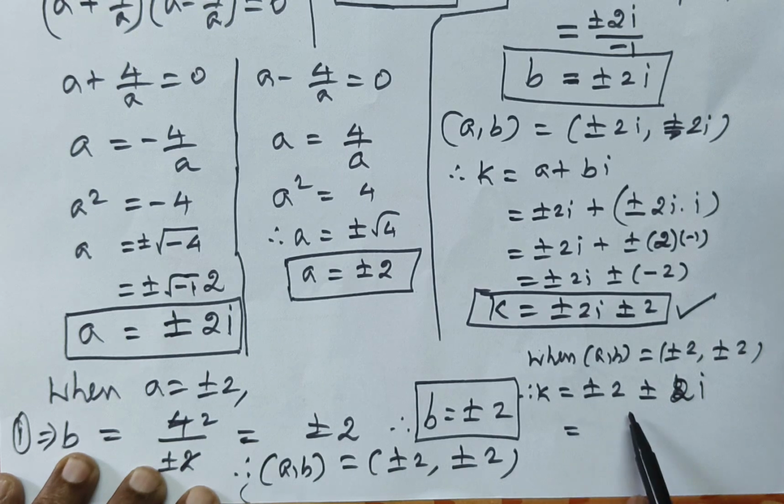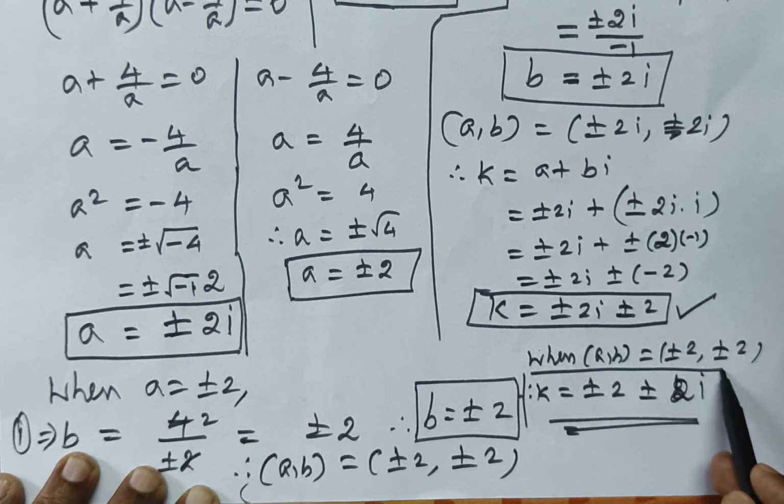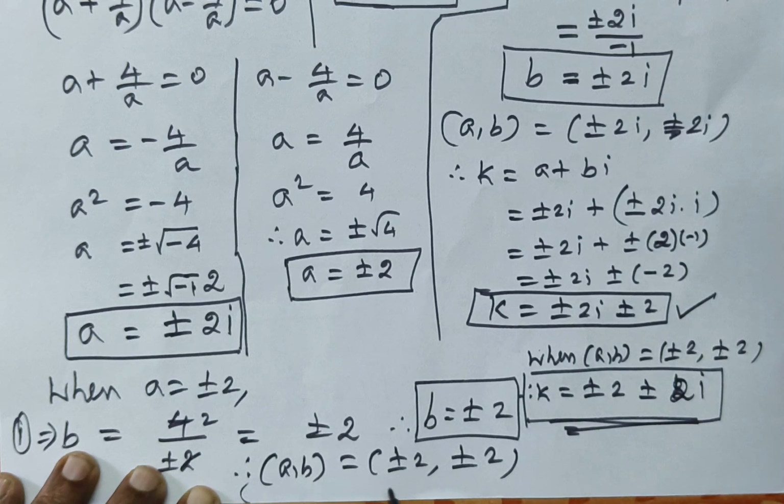That is plus or minus 2 plus or minus 2i. This is the solution. When a comma b is plus or minus 2, k is equal to plus or minus 2 plus or minus 2i.